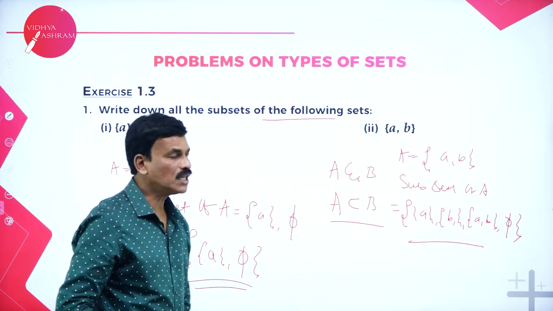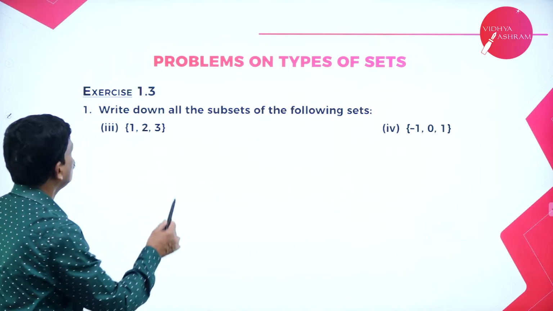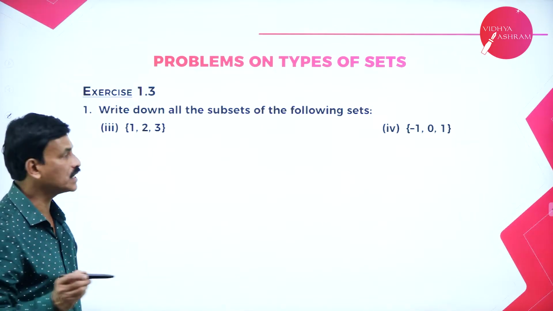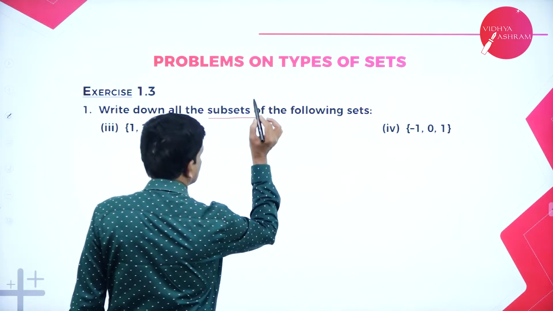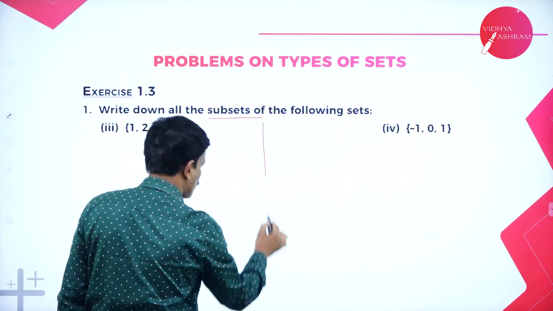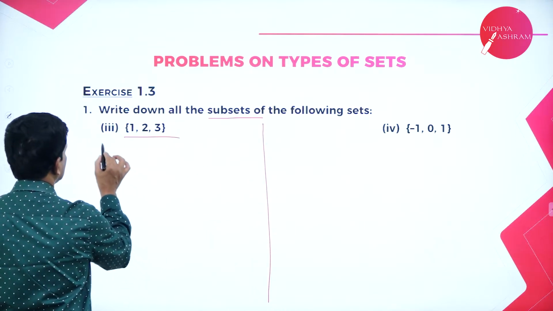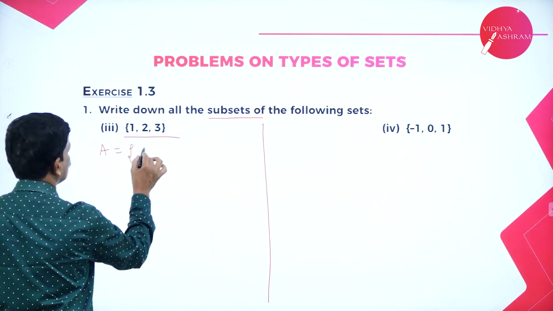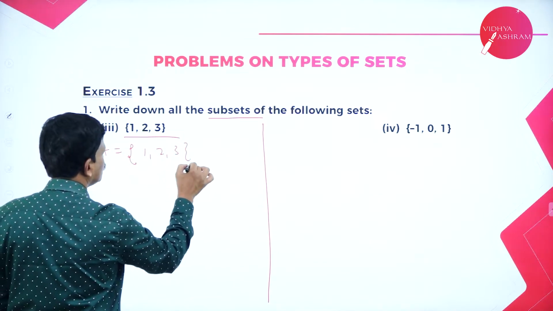Okay. Now let us come to the next problem. Write down all the subsets of the following sets. What is the first problem? Let us consider this as A. A is equal to 1, 2 and 3.